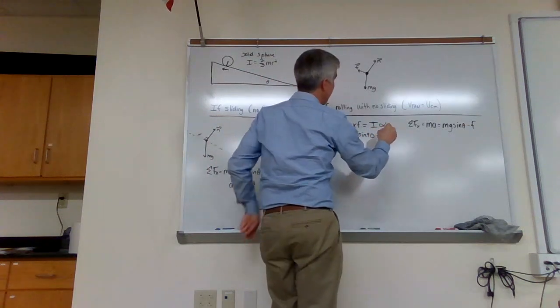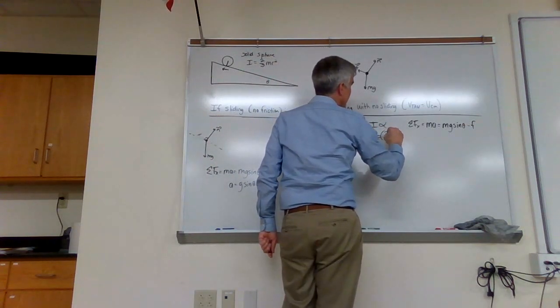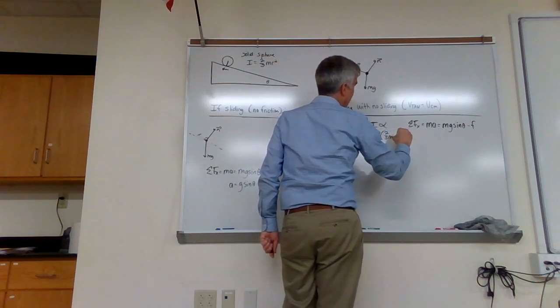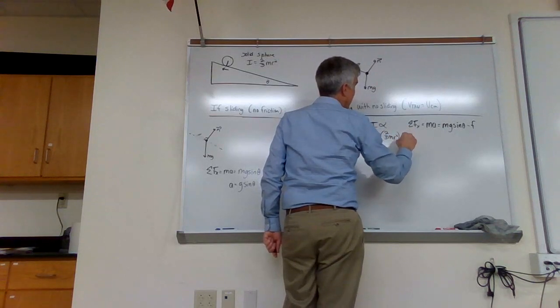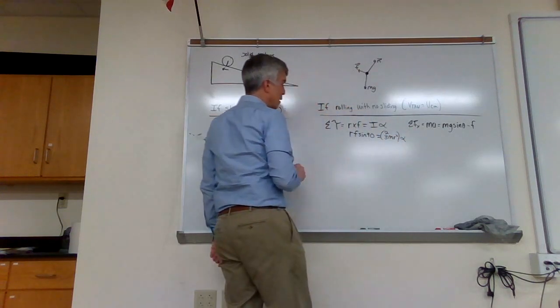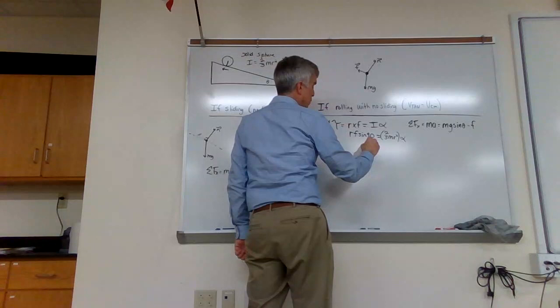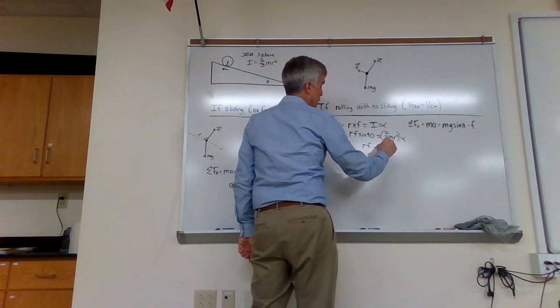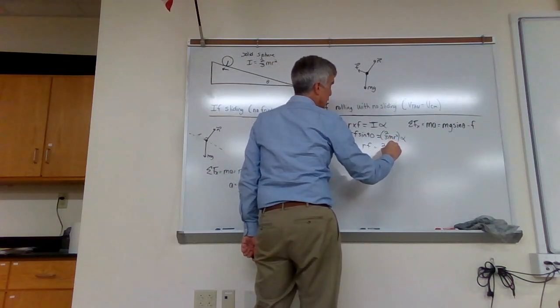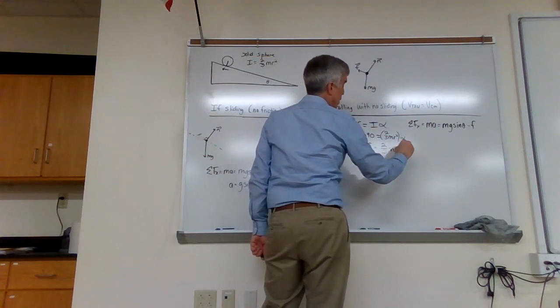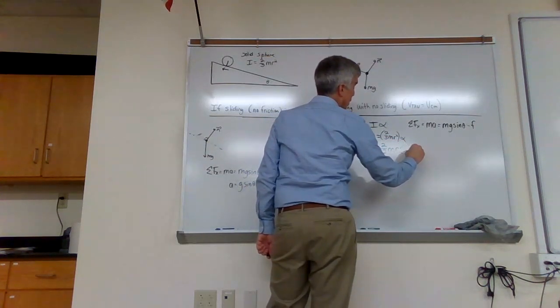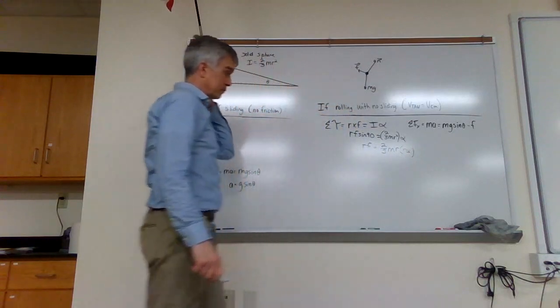For a solid sphere, I is 2/5 mr squared times alpha. Okay, so the sine of 90 we know is 1. So on the left-hand side, I just have R times F. On the right-hand side, I have 2/5 mr times R alpha.